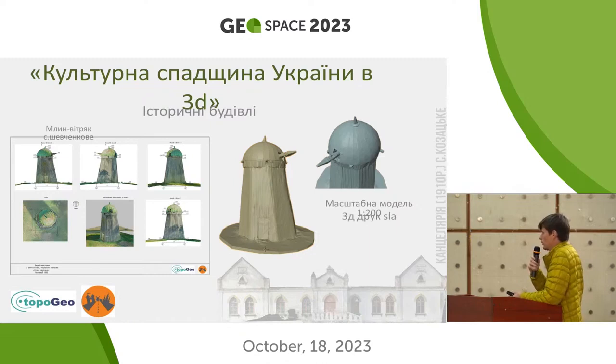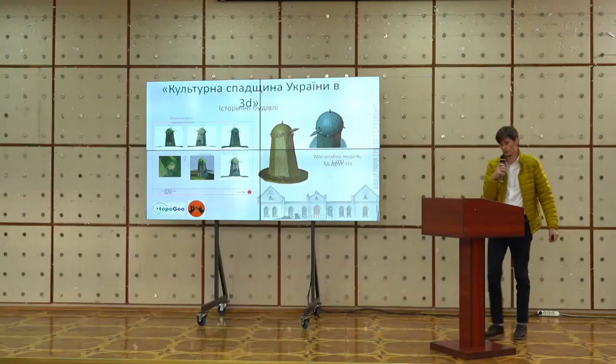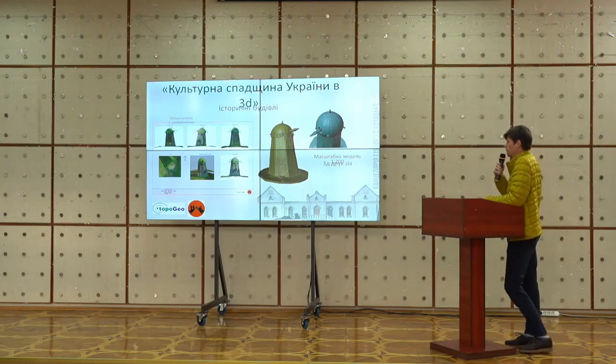Now, on the basis of our images, they are developing the restoration project, and maybe in the future it may become a museum. This model we also used for test 3D printing. It is a very detailed model with all these curves, and all the small details are visible.